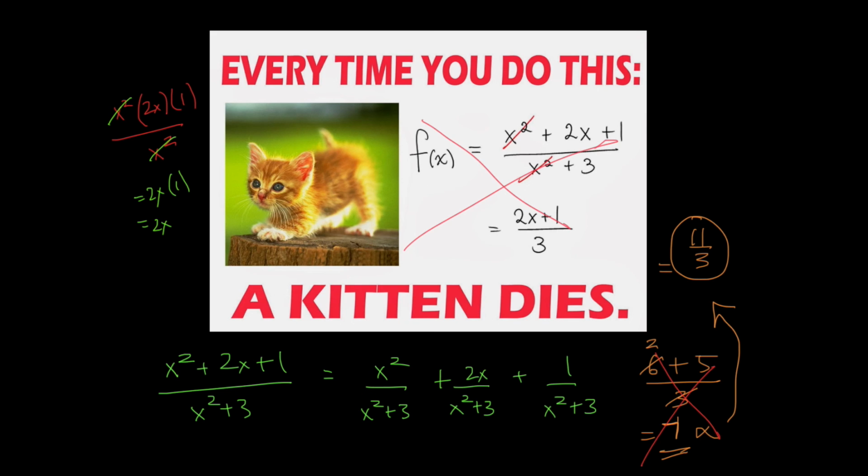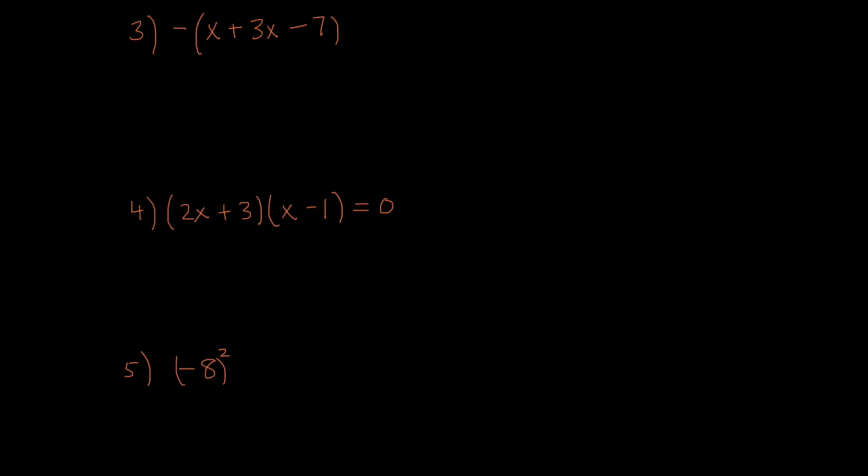Okay, so let's look at the next common error. So here I have something a little more basic, but something which people tend to do, especially in exams when you're in a hurry and you're not really tracking what you're doing. So here I have negative multiplied by something in the bracket. Now what this actually is, it's negative 1 times this.